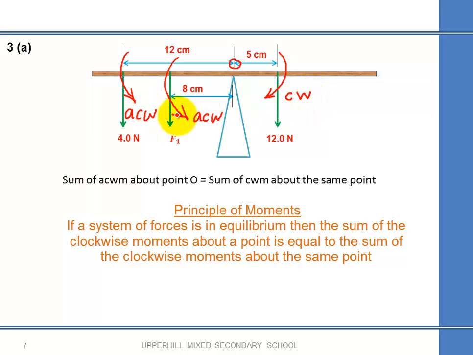So there are two anti-clockwise moments. That is why we talk about the sum. The first anti-clockwise moment about point O is due to the 4 Newton force. The line of action of the 4 Newton force is this one here.